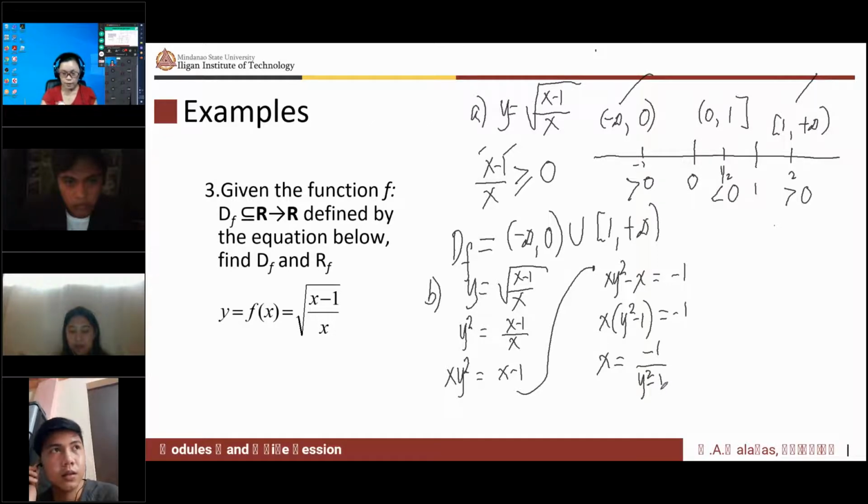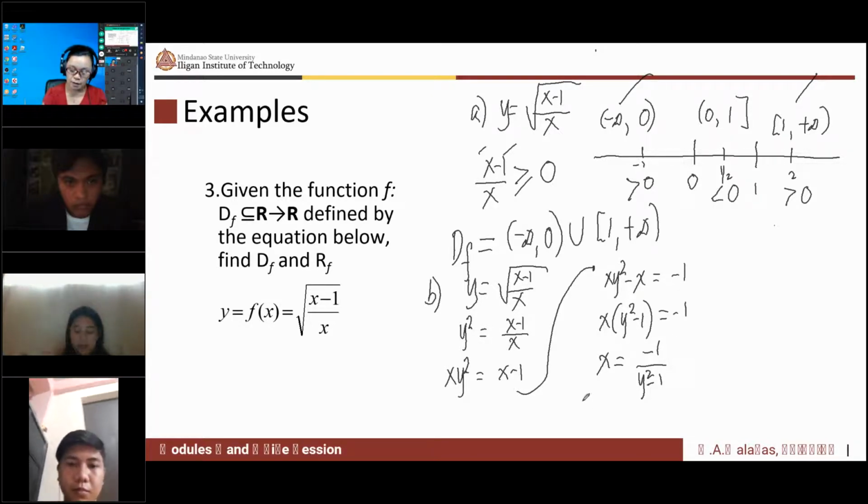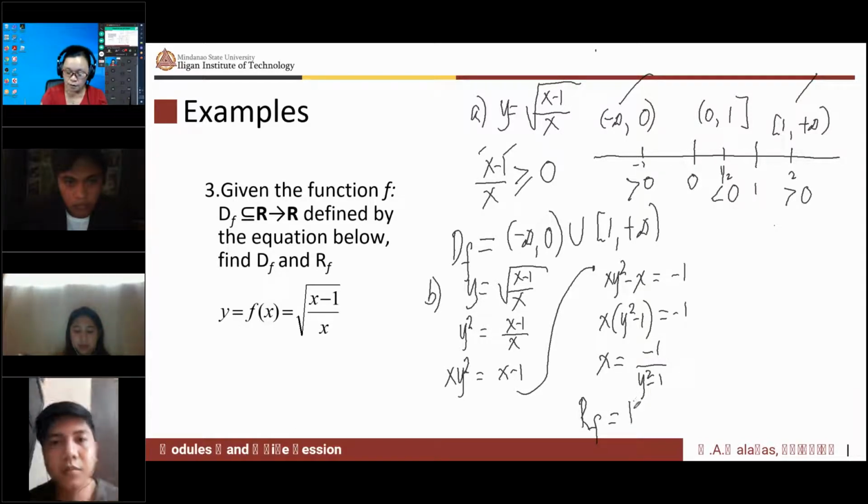So what will our range be? I hope your guess is as good as mine. So we have here x equals -1 over (y squared minus 1). So the range of f is well defined for all real numbers except when y is this one here below. You look at the denominator. That's when the denominator is 0.